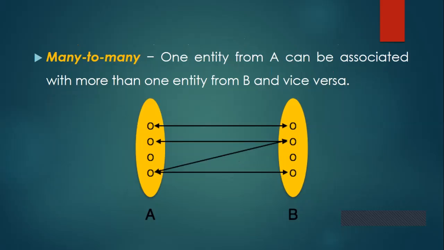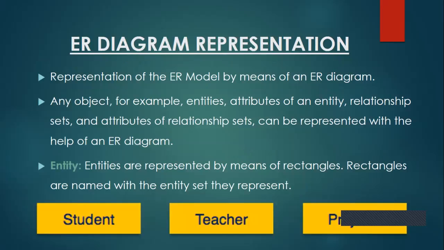A particular entity in set A can be associated with more than one entity of set B, and vice versa: one entity of set B can be associated with more than one entity of set A. These are called mapping cardinality.